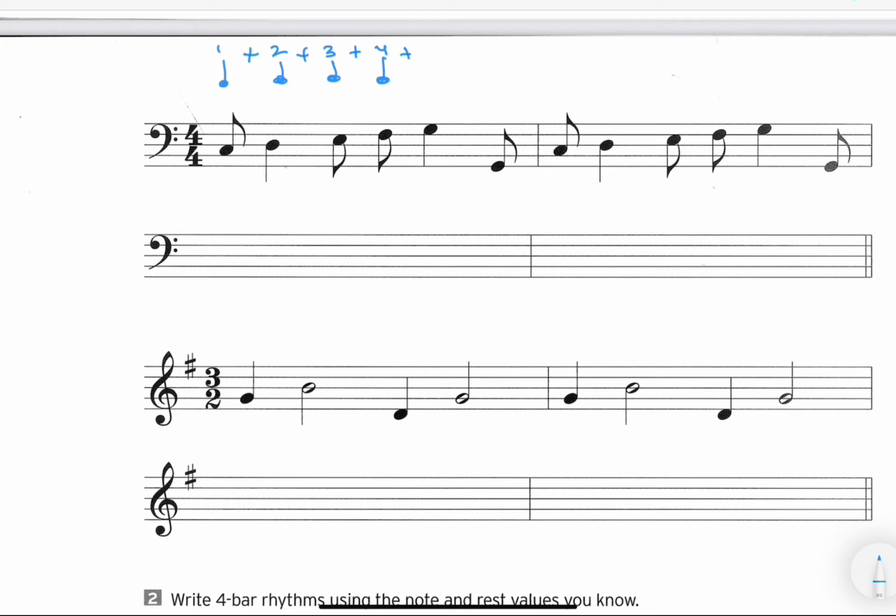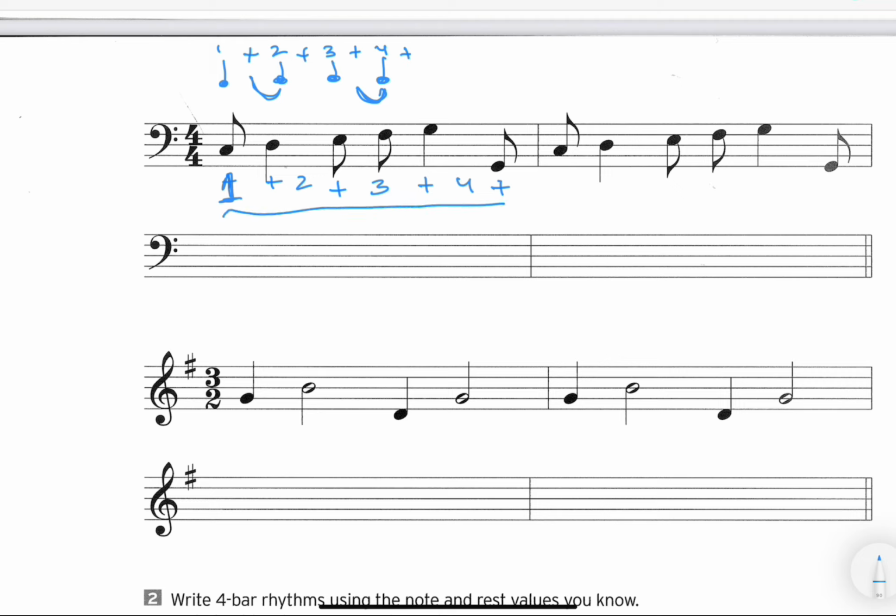But here, what they have done, they have tied the and 2 together, and 4 together. So the actual beat should have been like this, but after making it syncopated, it becomes like this.